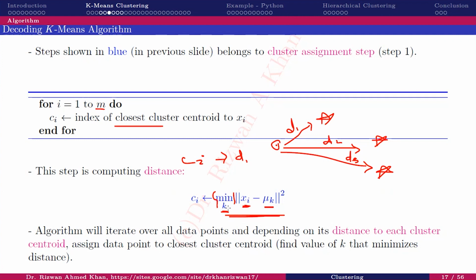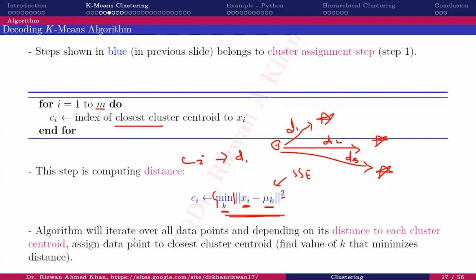So it is minimizing over k, right? So ci would be assigned to the cluster centroid that is closest, that has minimum distance, and this is sum of squared error, right? You can see this is a square term. So it is Euclidean distance squared, and it is assigned to the one which is nearest.